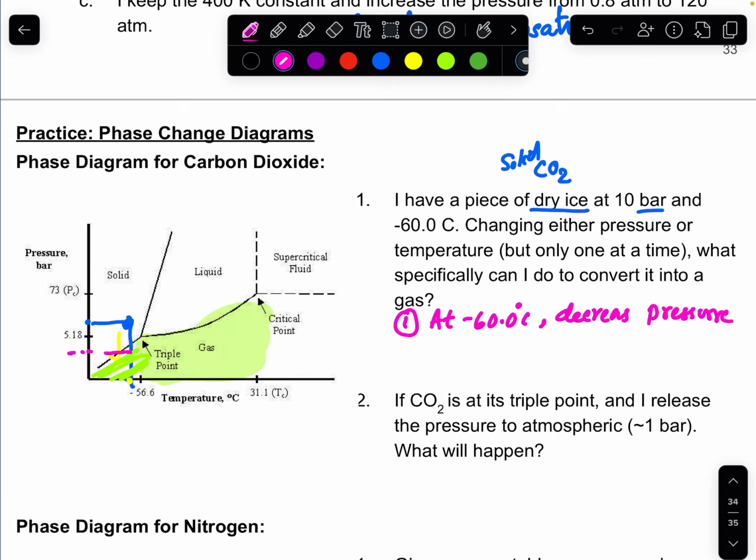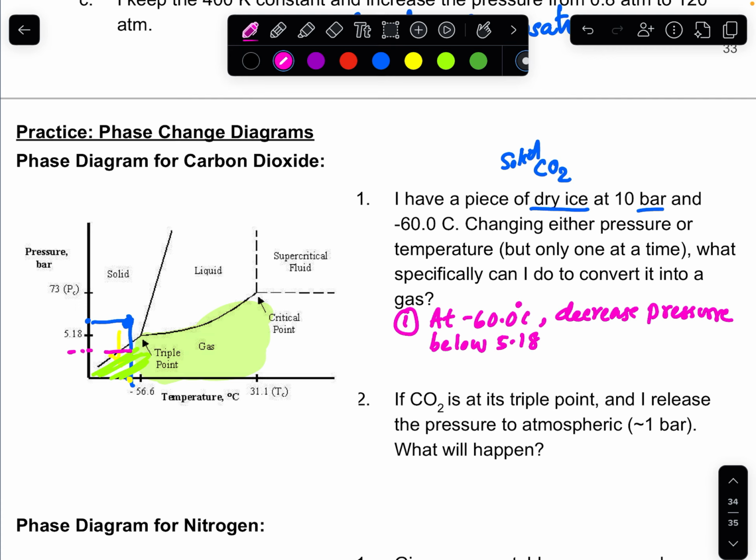So that will be maybe 2 bar pressure, or I think that will be right. You don't need to write the value because the scales are off. So we can say decrease the pressure below 5.18, or maybe 4.18. Let's go like that. Then, you can do the second thing.